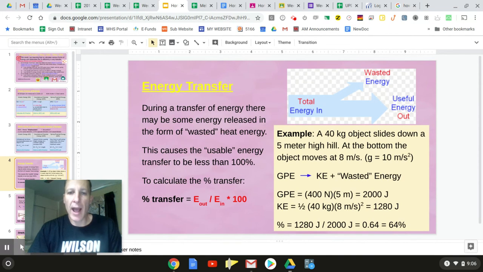So if we do the math, this object, 40 kilograms, 5 meters high, if we're assuming acceleration due to gravity of 10, we get a GPE of 2,000 joules. However, at the bottom of the hill, the object's moving at 8 meters per second. That allows us to calculate KE. Here we only get 1,280 joules. Notice that that is not a 100% transfer. If we take the ratio of those energies, we get 0.64, which is equivalent to 64%.